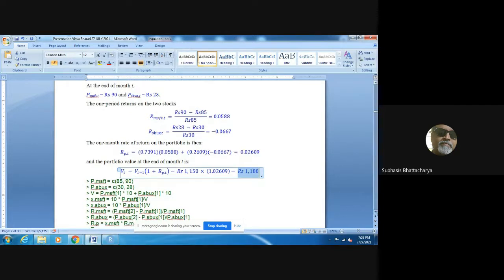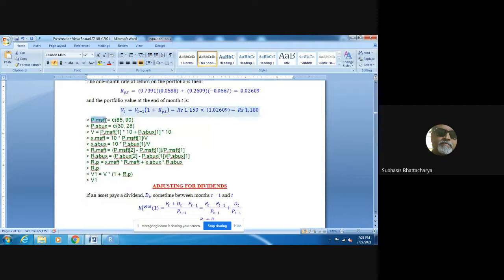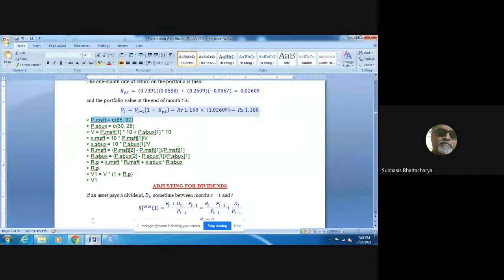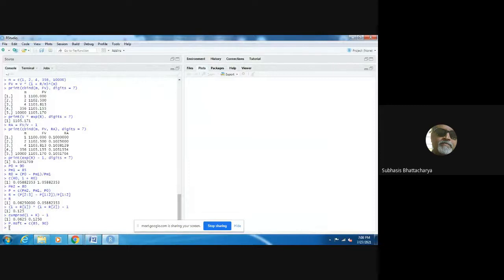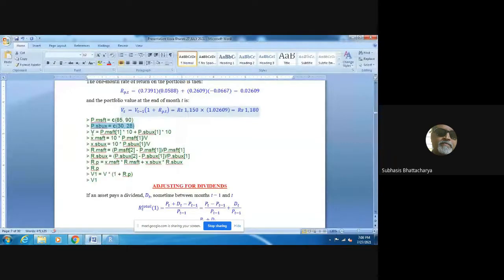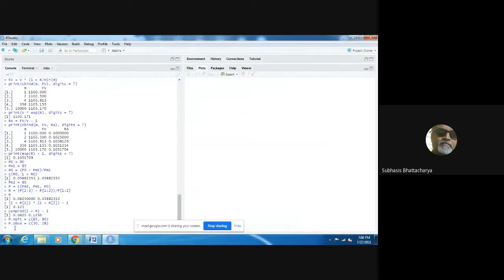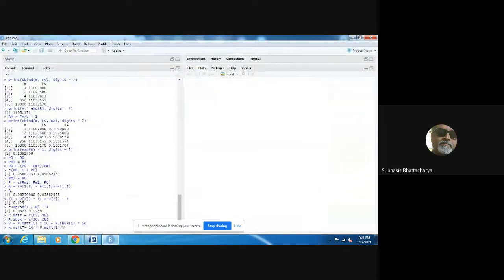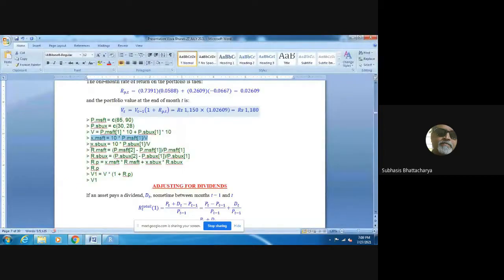So how to solve the problem with the help of R? The price of Microsoft at this, so we consider this, and the Starbucks, and the initial value. And what is the X for Microsoft and Starbucks?